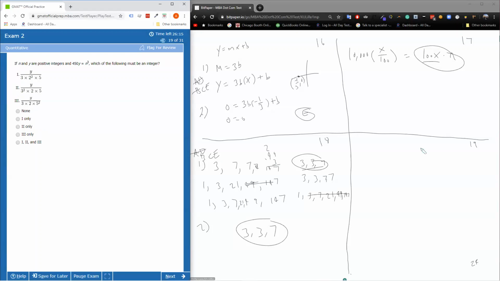And then x and y are positive integers. 450y is equal to n cubed. Which of the following must be an integer? So some number. So what does y have to contain?